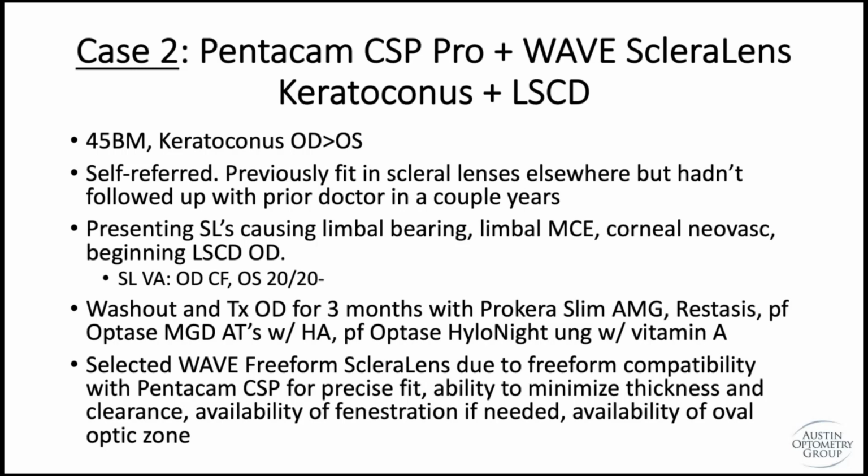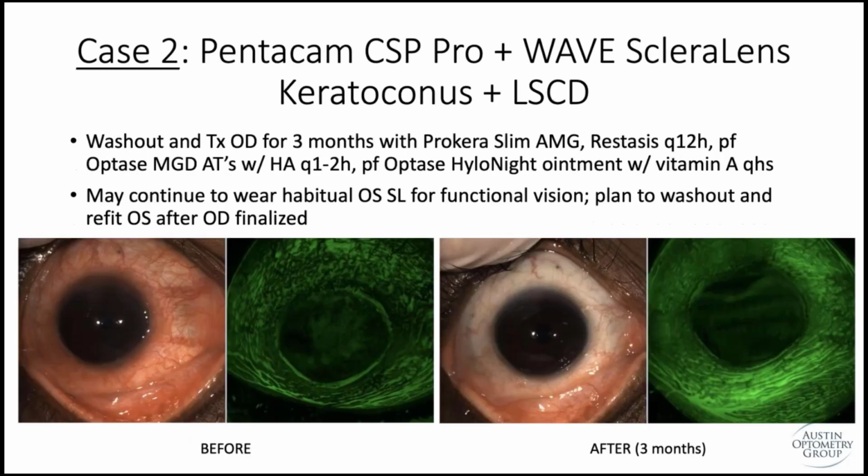Anybody on the call who maybe does a good amount of orthokeratology, and especially orthokeratology on high astigmatism corneas, may have experimented with some oval optic zones on ortho K. I was curious, well, would that be something that would work on a more pronounced keratoconic eye? In theory, it seems like it should. So we'll see how that one comes out in this case.